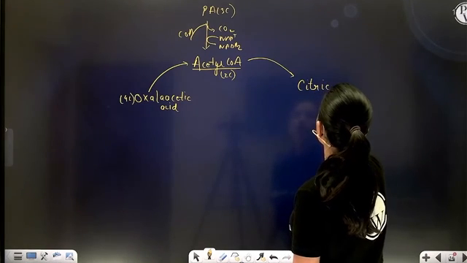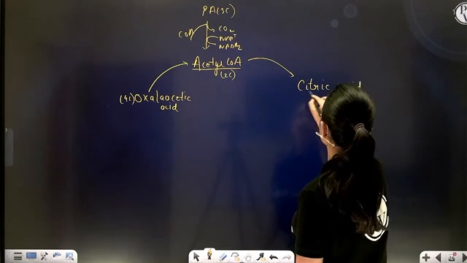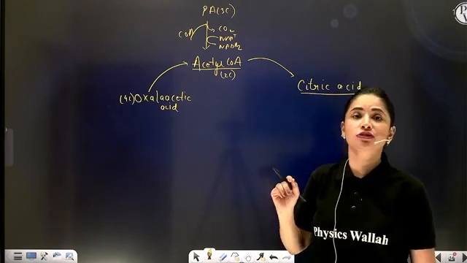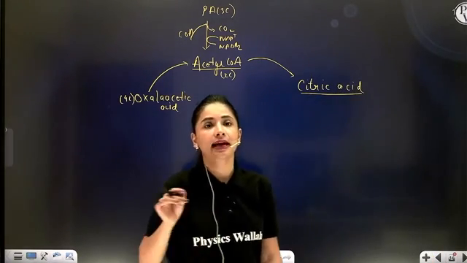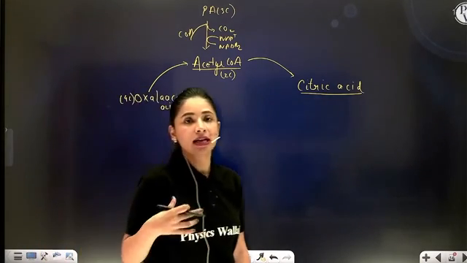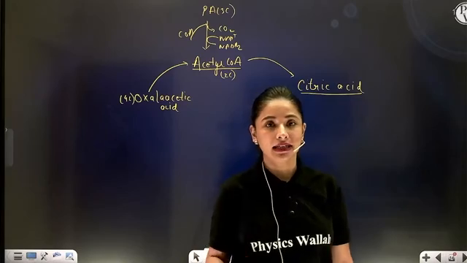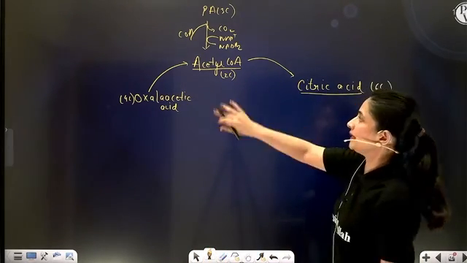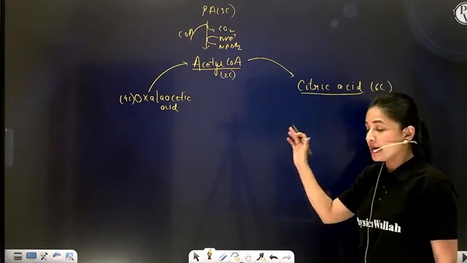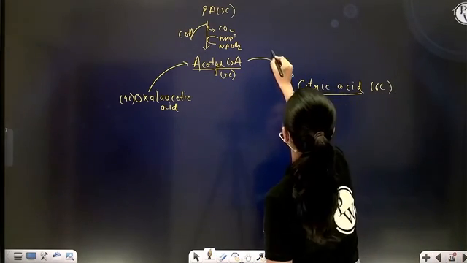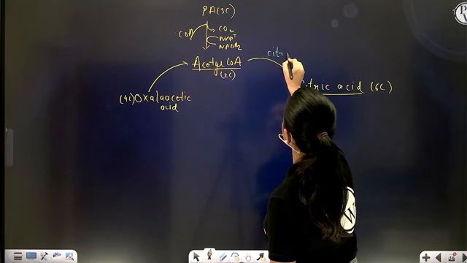Since the first stable product is a 6-carbon compound, this cycle is also known as the citric acid cycle. The Krebs cycle can also be called the citric acid cycle. Clear? It is a 6-carbon compound. This is simply an addition reaction taking place in the presence of the enzyme citrate synthase.